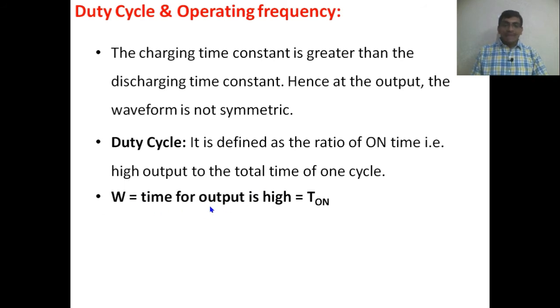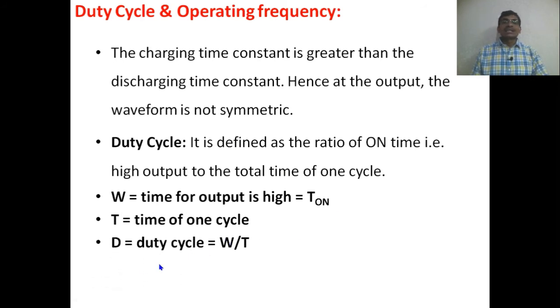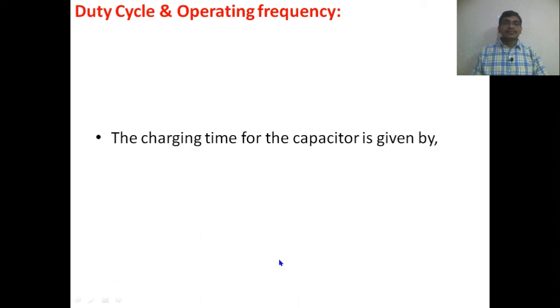W is the time for which the output is high, called T on, and T is the time of one cycle. Then the duty cycle D is equal to W by T, the on time divided by the total time T, which is always expressed in percentage. So duty cycle percentage is equal to W by T into 100.